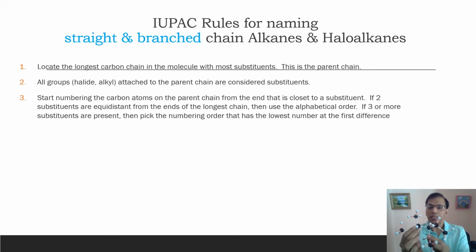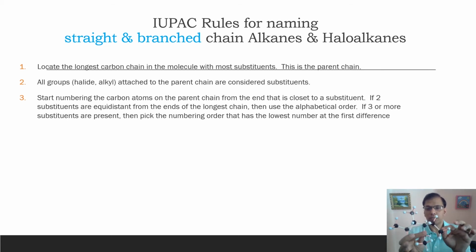If you look at the numbering, if you start from here, you have 1, 2, 3, 4. Whenever there are two substituents, if you start numbering from here, the first substituent is on carbon 3. If you start numbering from the other end, it's also on carbon 3. So when you come across an example like this, you have to go by alphabetical order. This is the methyl substituent, and this is the ethyl substituent.